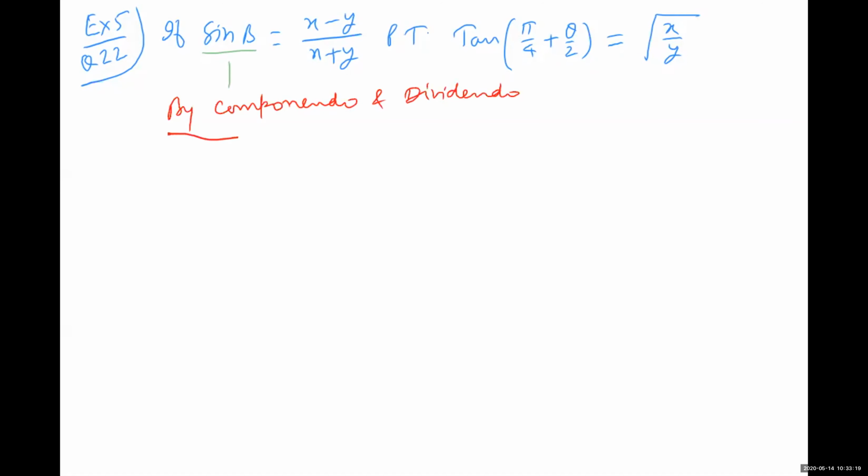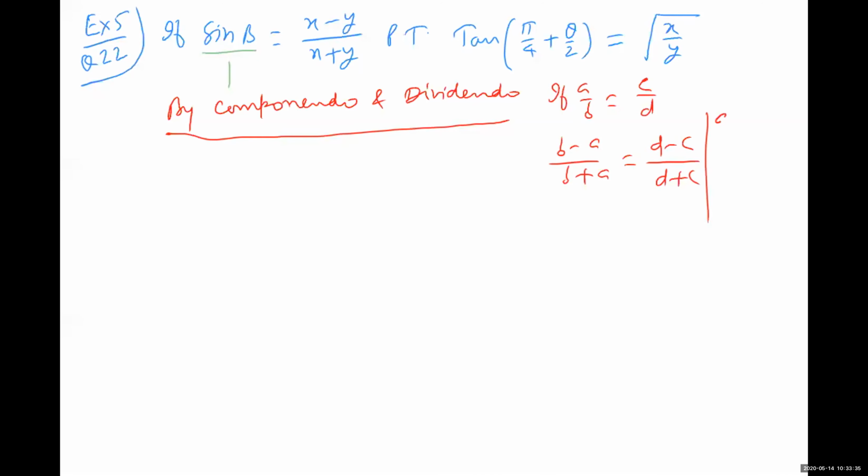Componendo dividendo, if you have forgotten: if a upon b is equal to c upon d, I can write this as b minus a upon b plus a is equal to d minus c upon d plus c, or you can write a plus b upon a minus b is equal to c plus d upon c minus d. Whatever operation we are performing in left hand side, same operation we perform in right hand side. That is componendo dividendo.